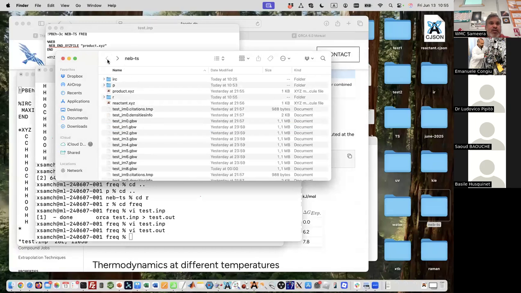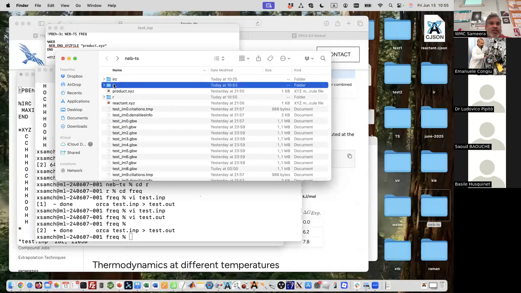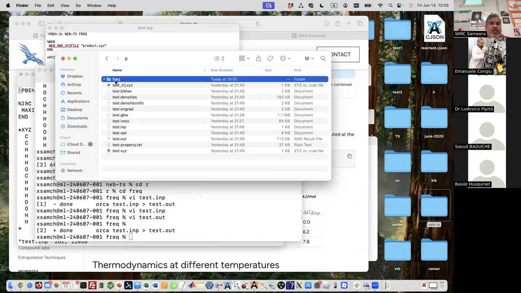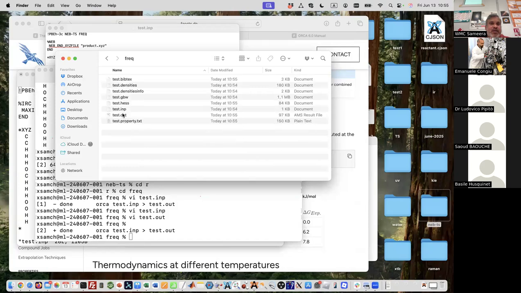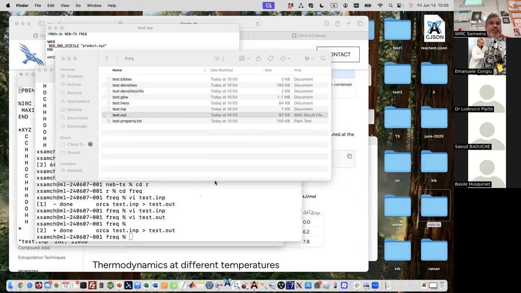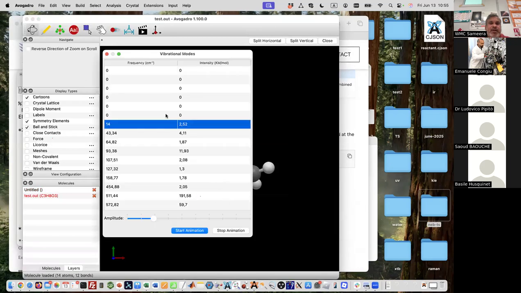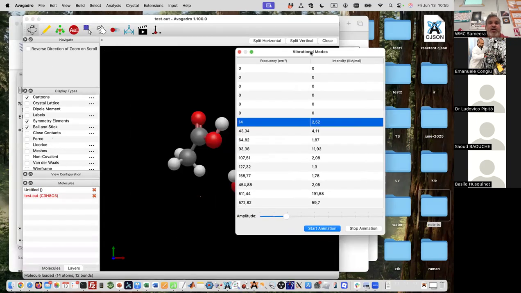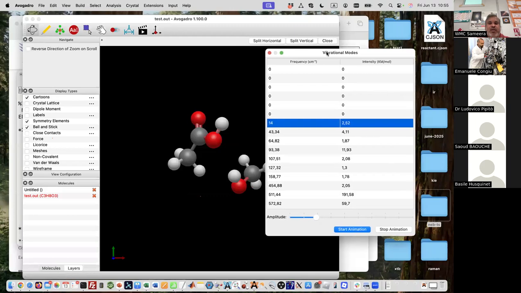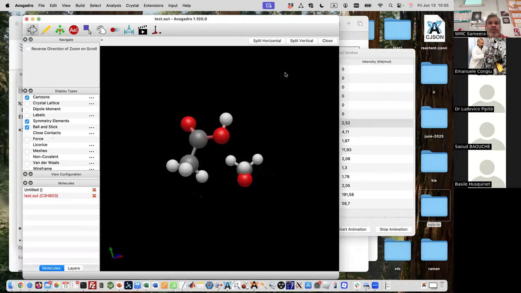How about the product? The product is good because all frequencies are, well, it looks like the reactant side.